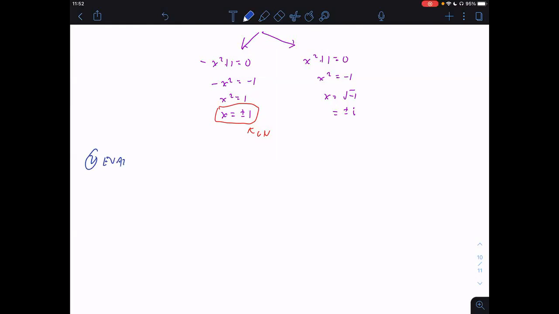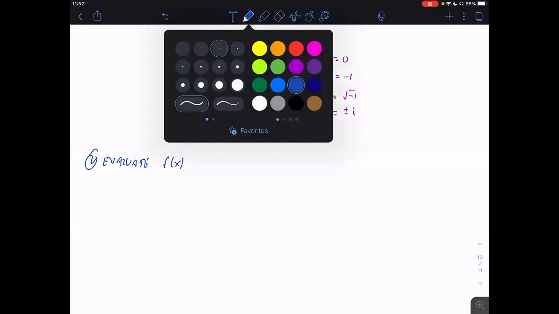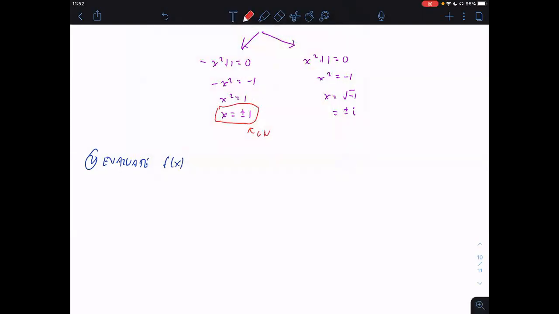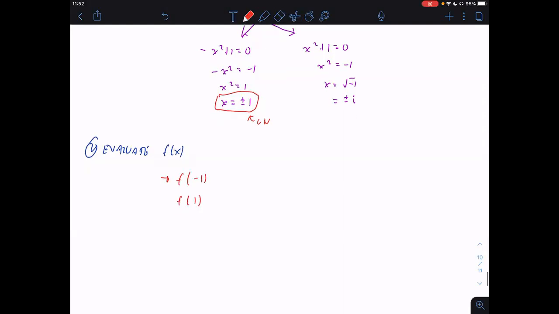Let's evaluate our function of x at negative 1 and positive 1, the two critical numbers that we found from the previous step, and then our endpoints at negative 3 and positive 3. All right, so 4 evaluations we got to carry out here.